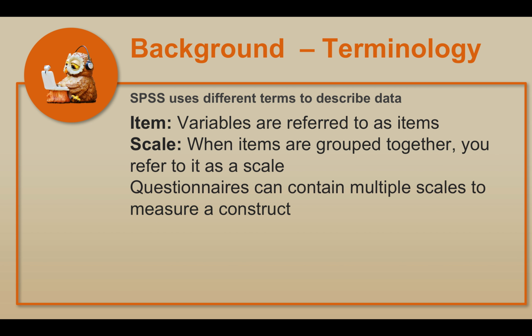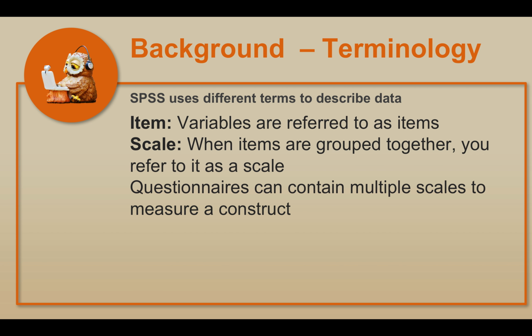So SPSS does use a different terminology. I would use item when I'm referring to variables. So if I have 8 variables in SPSS, those are 8 items that you are using to do a reliability analysis. And then when the items are grouped together, you're now allowed to refer to it as a scale.